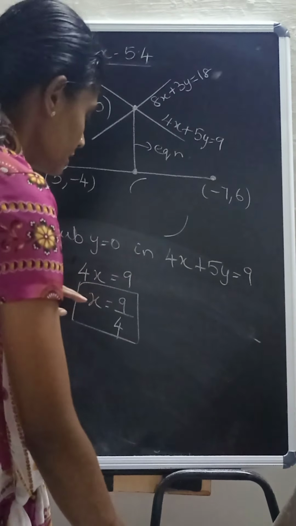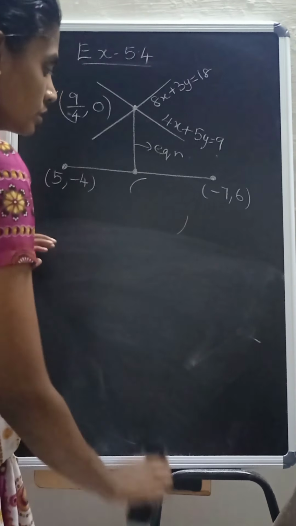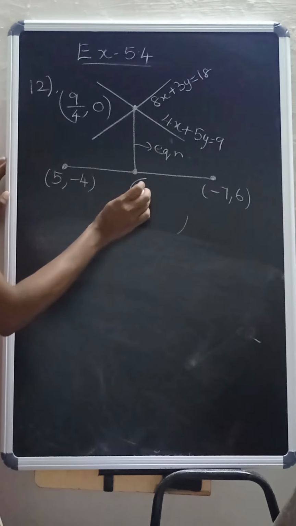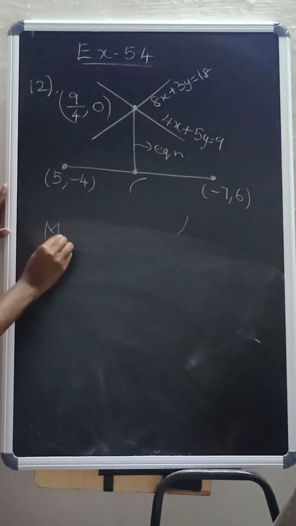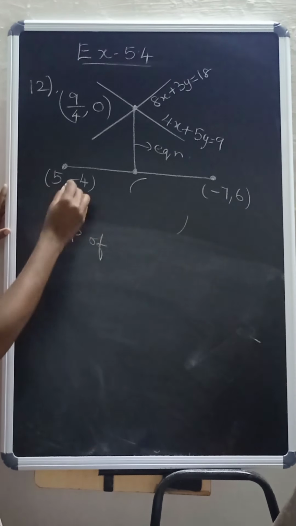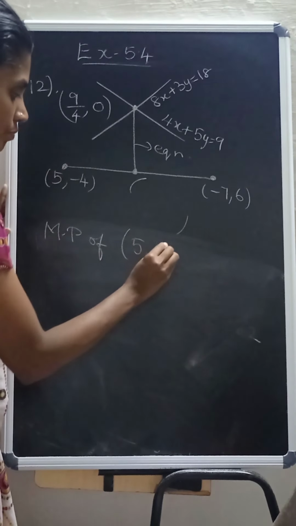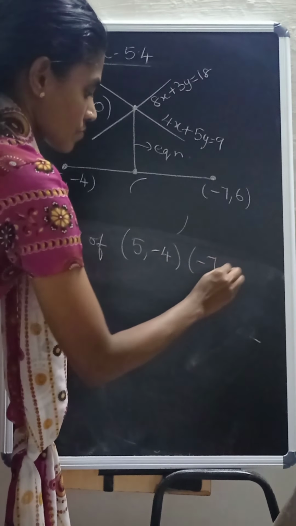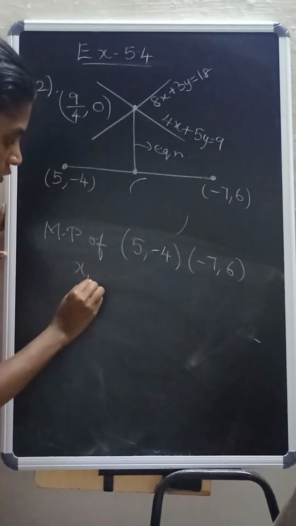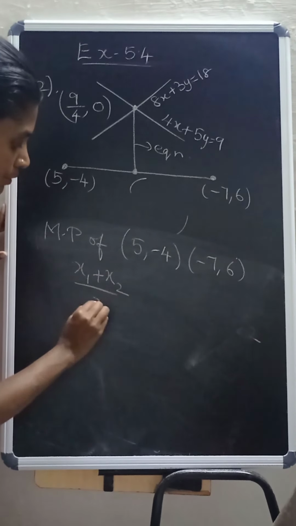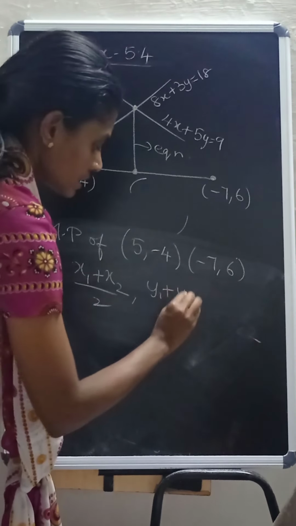Now bisecting these 2 points, so splitting into 2 equal halves. So this will be the midpoint. Find the midpoint of these 2 points. Midpoint formula: x1 plus x2 by 2, y1 plus y2 by 2.